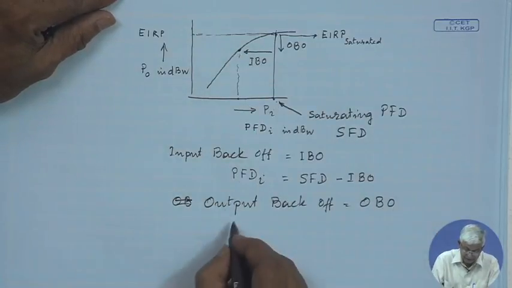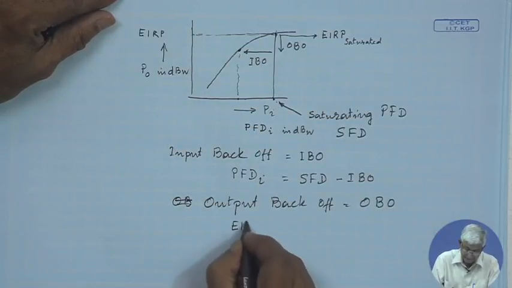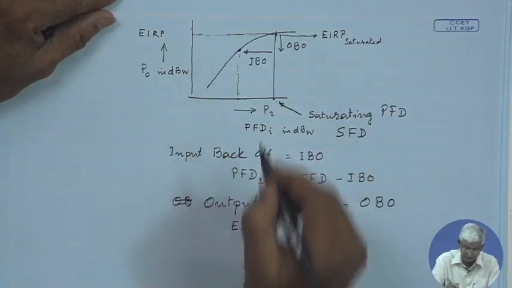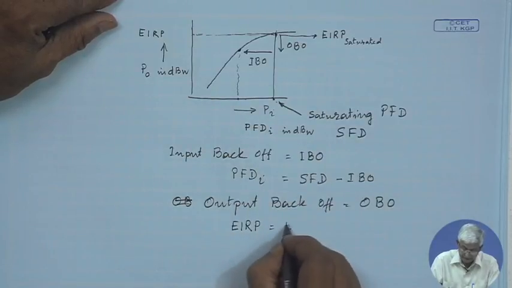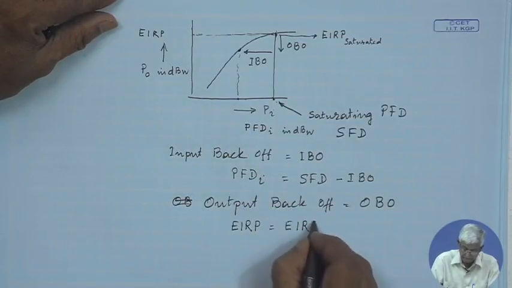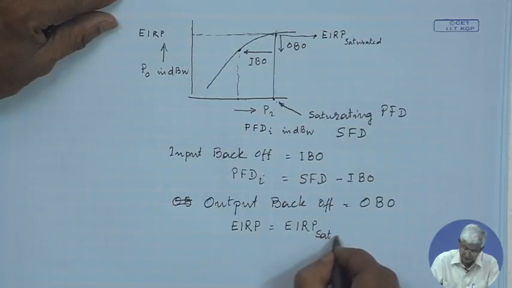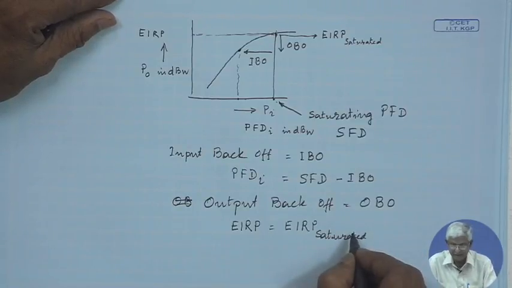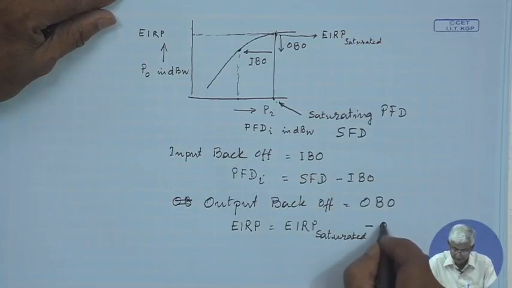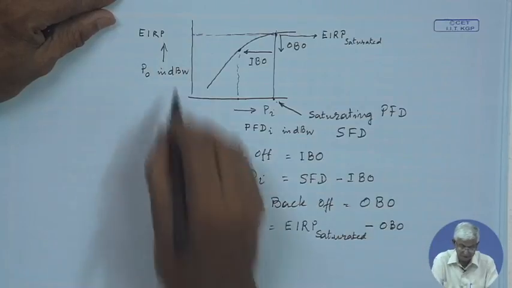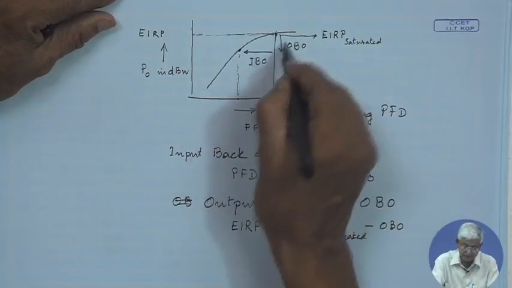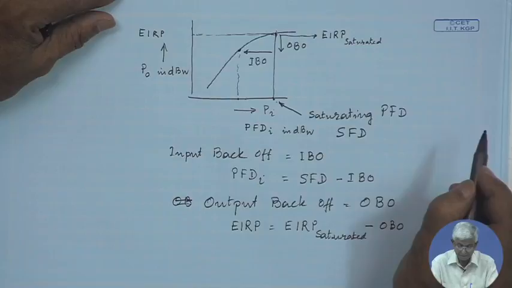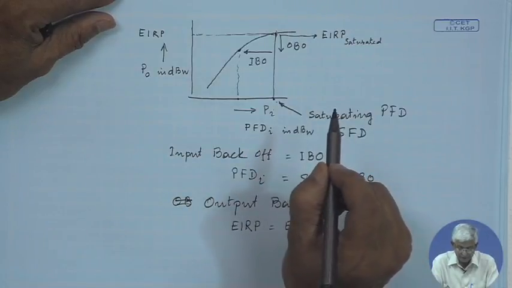So, the operating EIRP at the operating point is the saturated EIRP, or maximum EIRP, minus output back off. This is in dB, so these are all dB values. So, we find out the operating point.